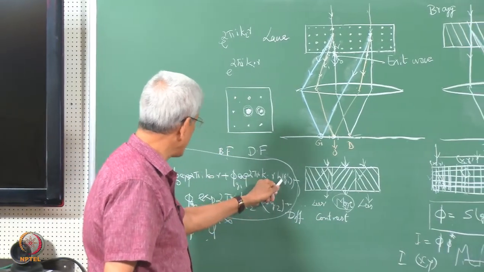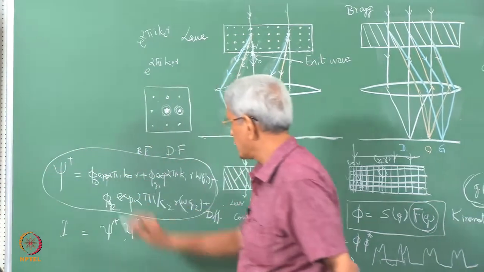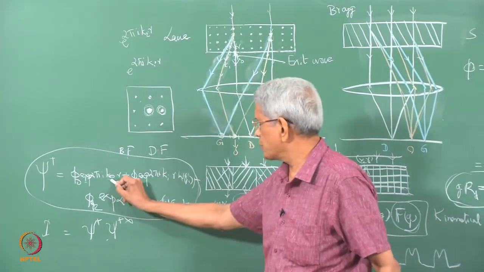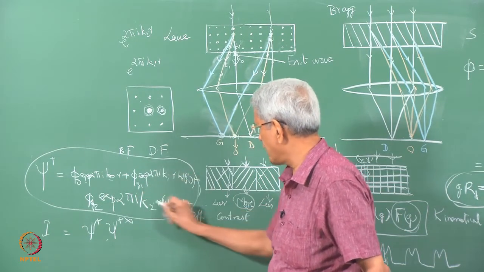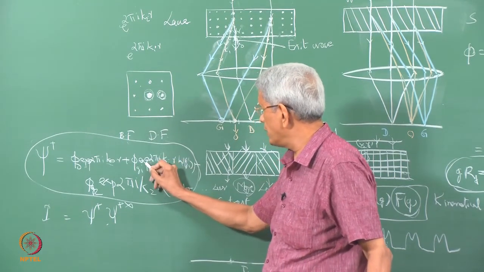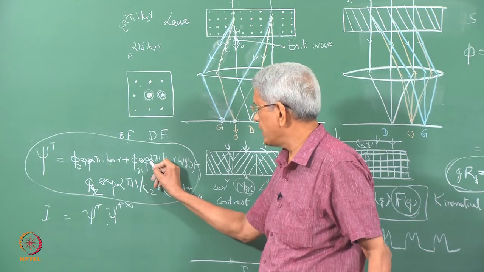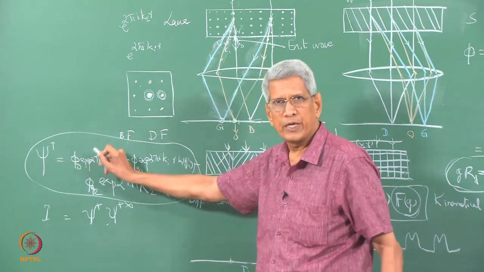Another important aspect we have to consider is that in this expression, this is the one which corresponds to the contribution of the transmitted beam, and this is from the various diffracted beams. If all of them add together with a particular phase, the net amplitude is going to increase.